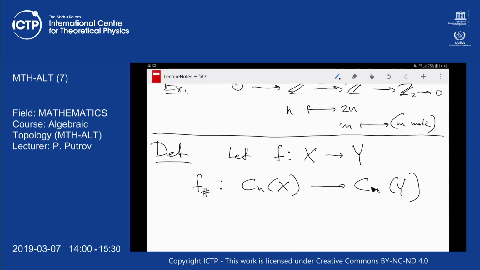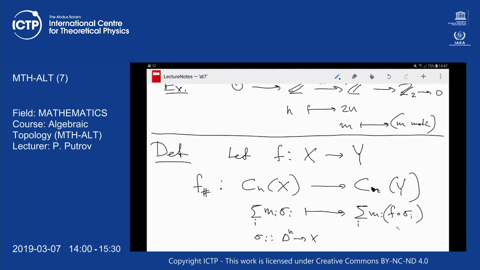And it's defined as follows. The arbitrary element here is a linear combination of maps sigma_i from Delta^n to X, and we map this linear combination to a linear combination with the same coefficients, where each sigma_i we replace with the composition with the map f.